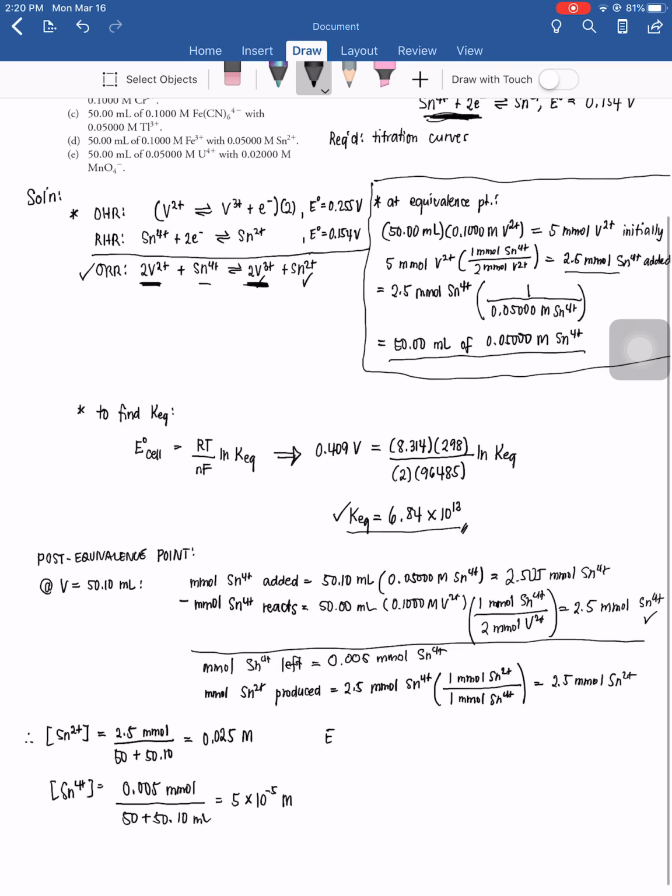Now to compute our cell potential, we once again use our Nernst equation.